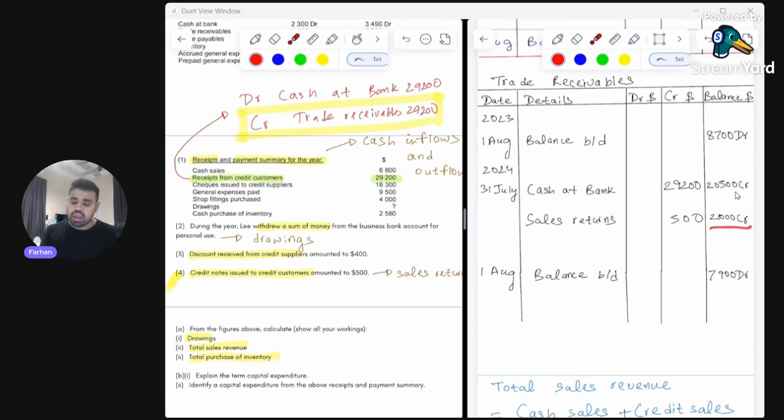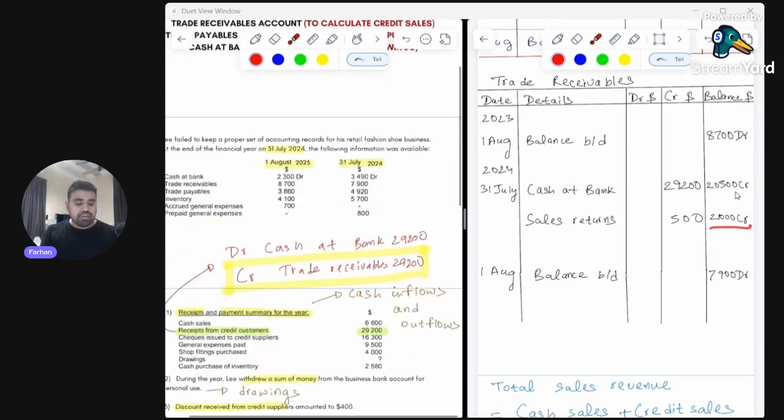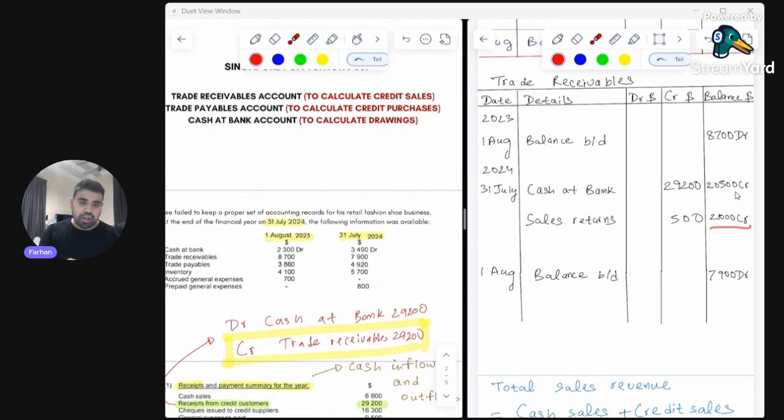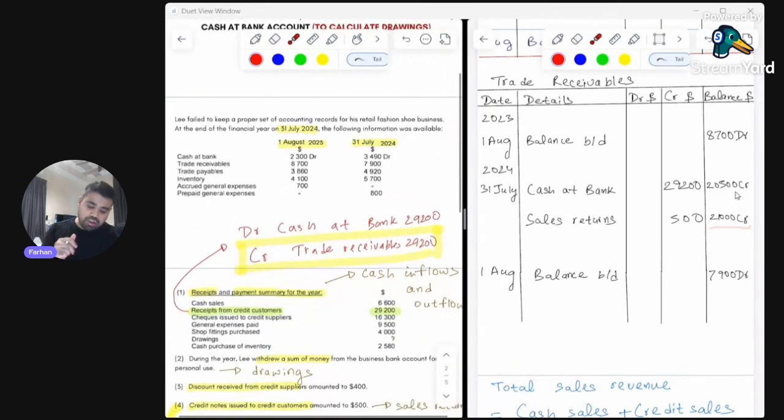And based on the initial balances that we are given at the beginning of the question, you will see that trade receivables have an ending balance at 31 July 2024 of $7,900. This gets carried forward as the opening balance on 1 August 2024.